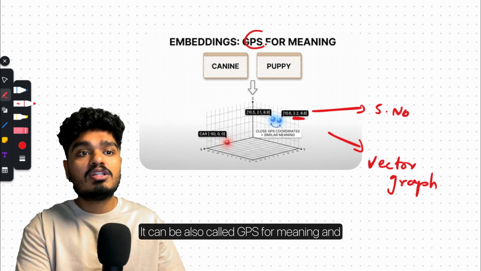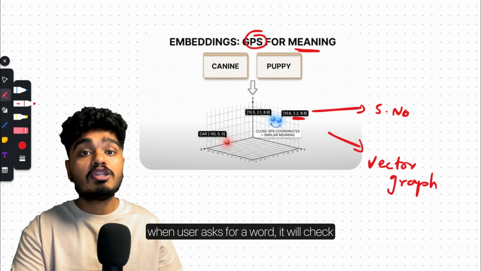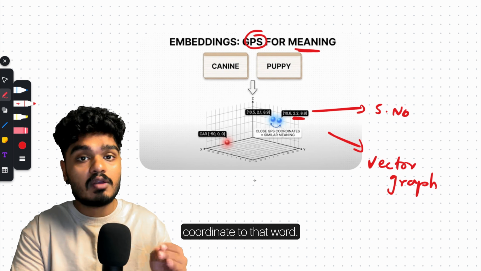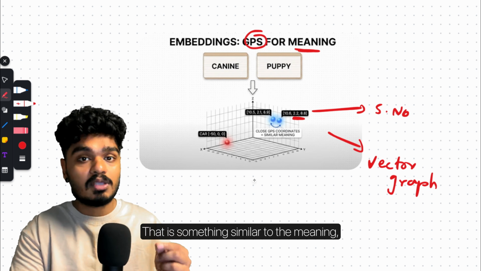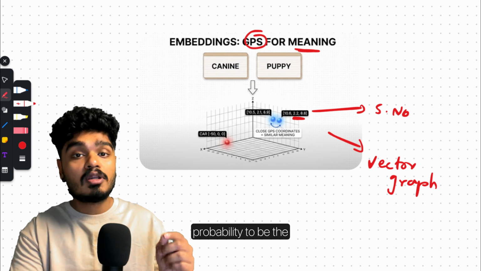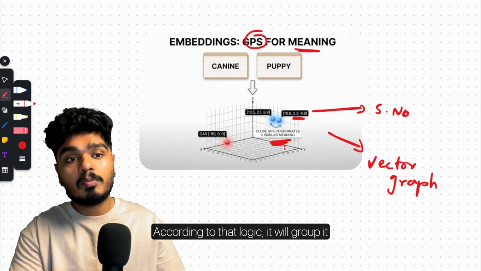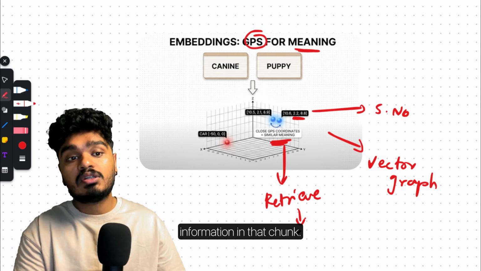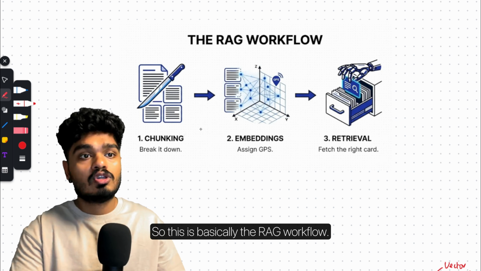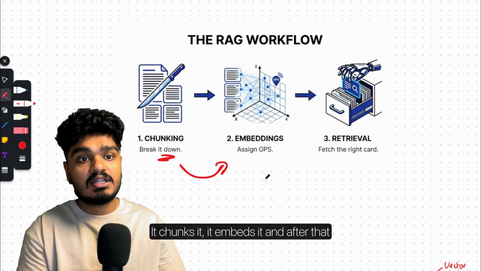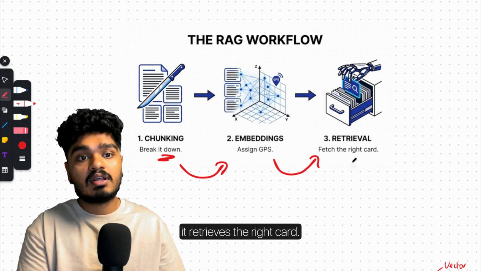It can also be called GPS for meaning. And when the user asks for a word, it will check for the closest GPS coordinate to that word, something similar in meaning, something that has the highest probability of being the closest to that word. According to that logic, it will group it and retrieve the information in that chunk. So this is basically the RAG workflow. It chunks it, it embeds it, and after that it retrieves the right card.